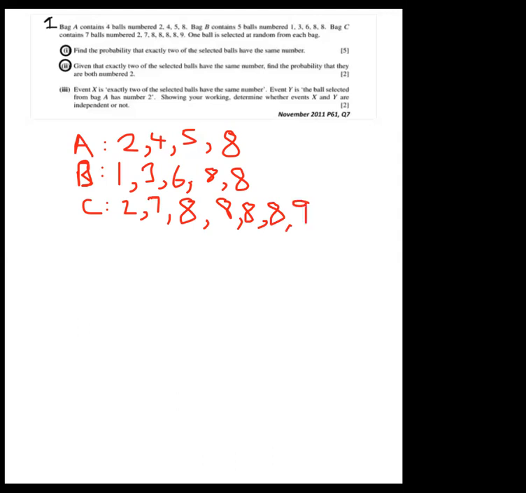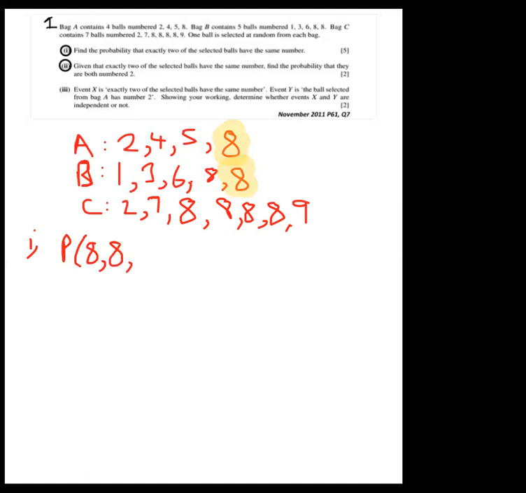And the first part, they're saying to find the probability that exactly 2 of the selected balls have the same number. So 2 of the selected balls should have the same number. That's possible if we get 8 from bag A and 8 from bag B. That means P of 8 from bag A, 8 from bag B, and then not 8.